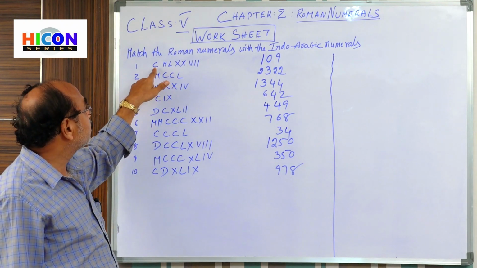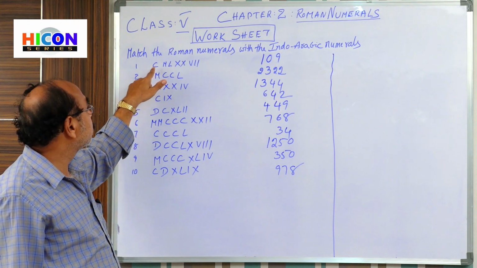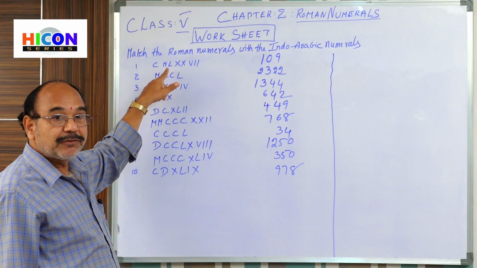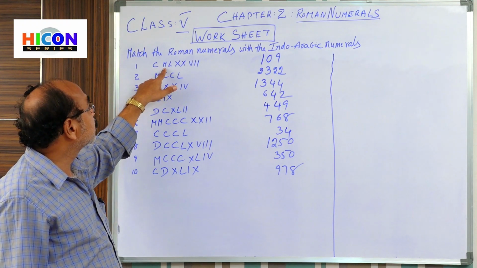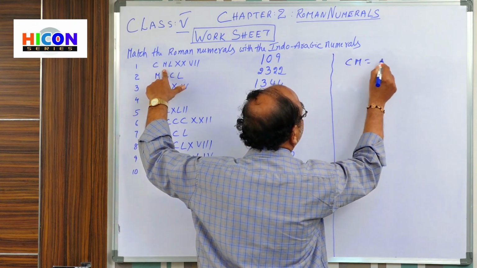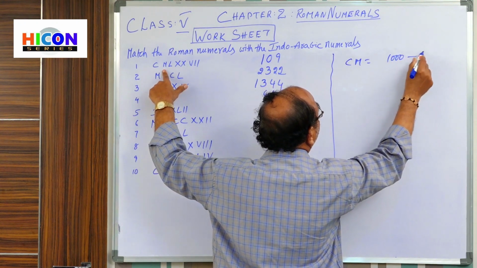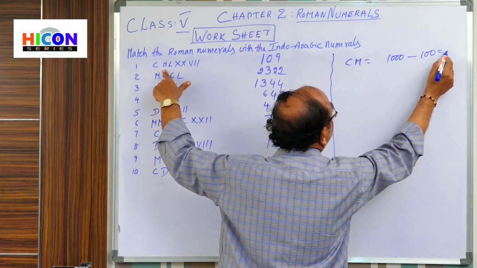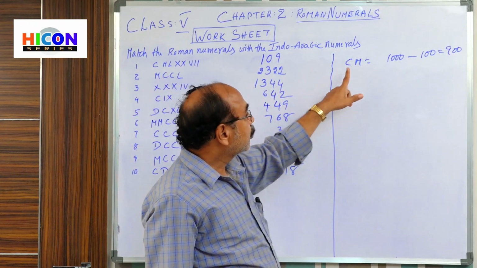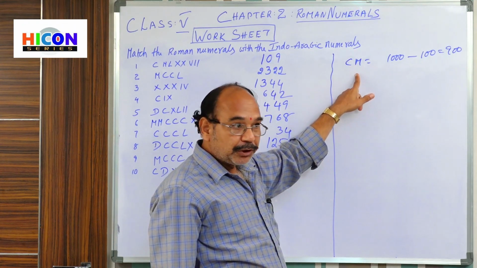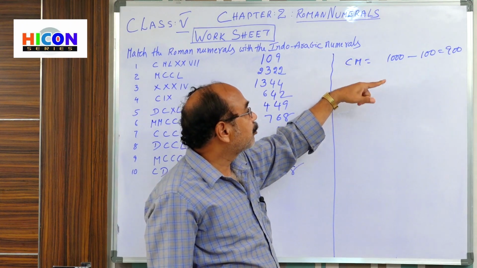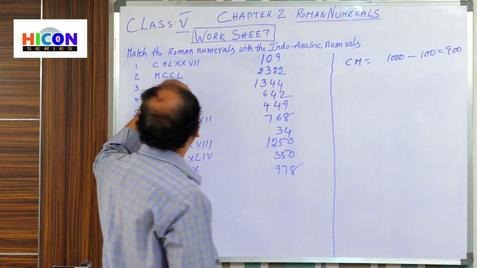The smaller number symbol is placed to the left of the bigger number, so we have to subtract. CM means 1000 minus 100, that means 900. Small number is placed to the left of the bigger number, that's why we subtract.